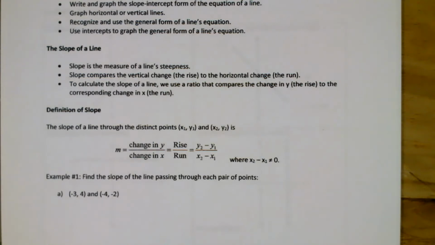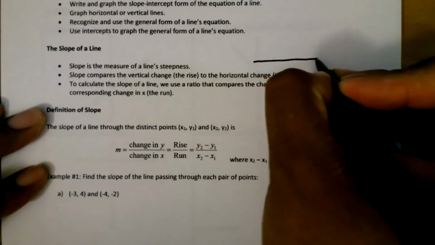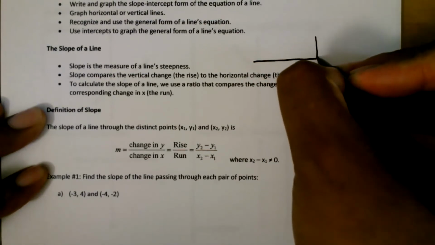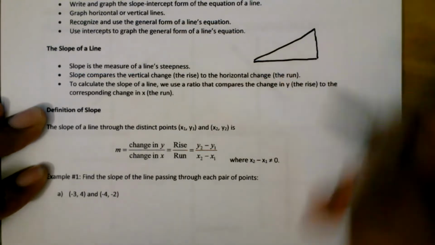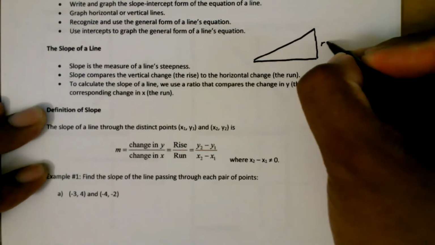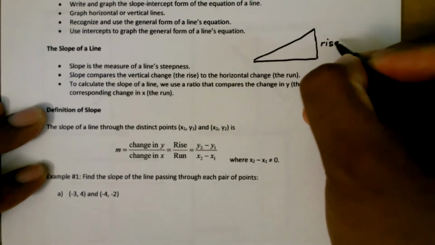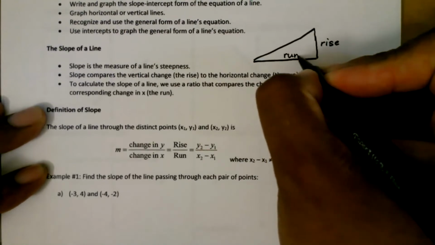Now the slope compares the vertical change, which is the rise, to the horizontal change, which is the run. So if I had something like this, what goes up and down, we call that the rise, and what goes across, we call that the run.